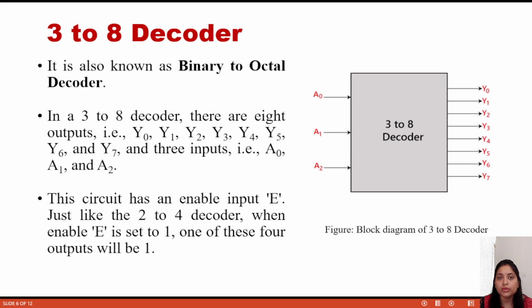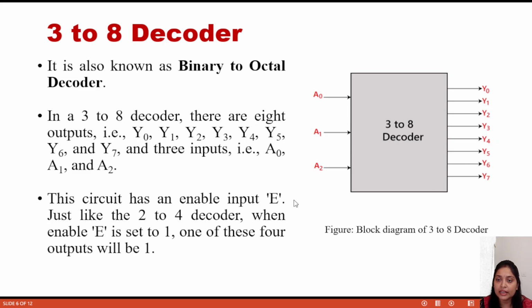Now we are coming to the 3 to 8 decoder. This is the block diagram of the 3 to 8 decoder. Here there are 3 inputs, and we have already said that if there are n inputs, the outputs will be 2 to the power n, that means 2 to the power 3, which is 8. So y0, y1, y2, y3, y4, y5, y6, y7 are the outputs.